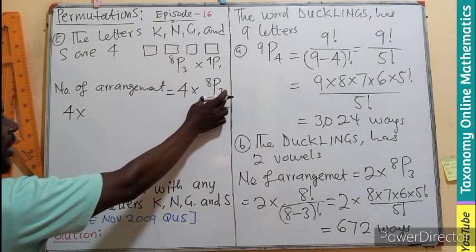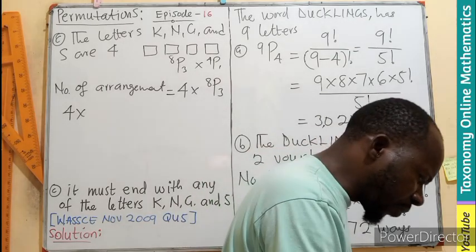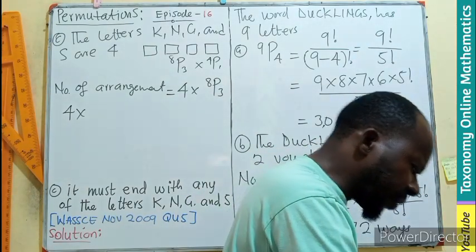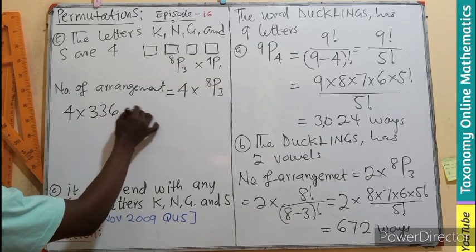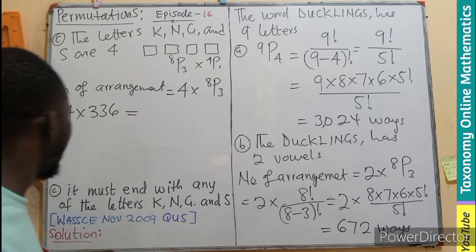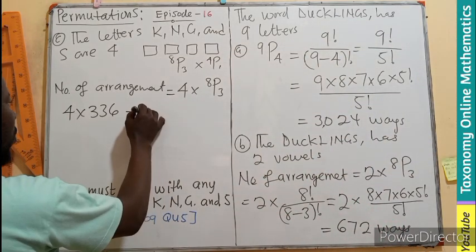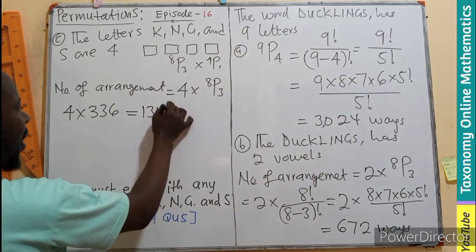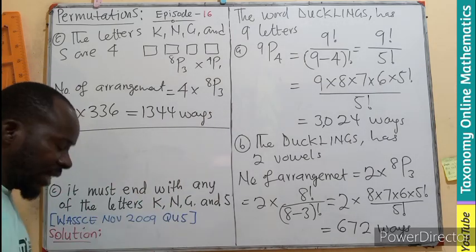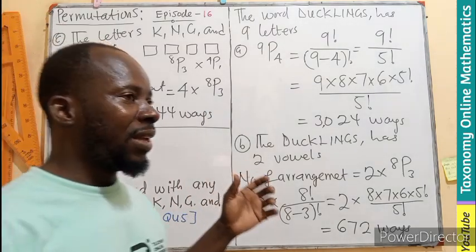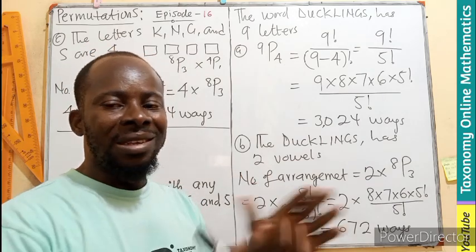We can put 8 permutation 3 on the calculator, and that gives us 336. Multiplying this by 4 gives you 1,344 ways.